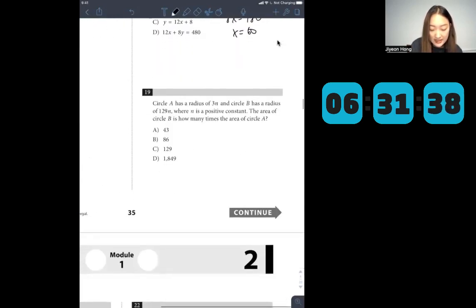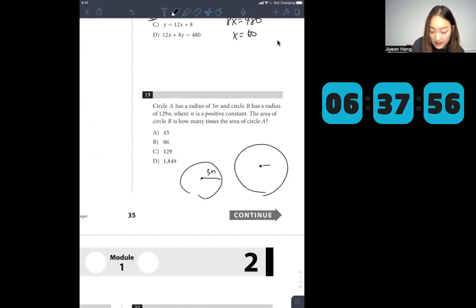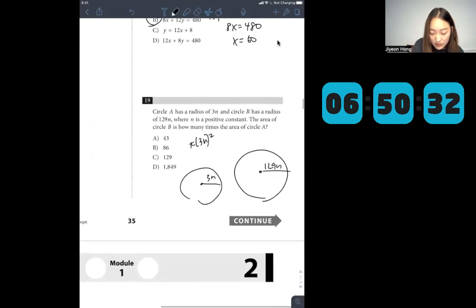All right, number 19. Circle A has a radius of 3n, and circle B has a radius of 129n. The area of circle B is how many times the area of circle A? So the area is pi r squared, so I'm going to do pi (3n) squared. And this side would be pi (129n) squared.